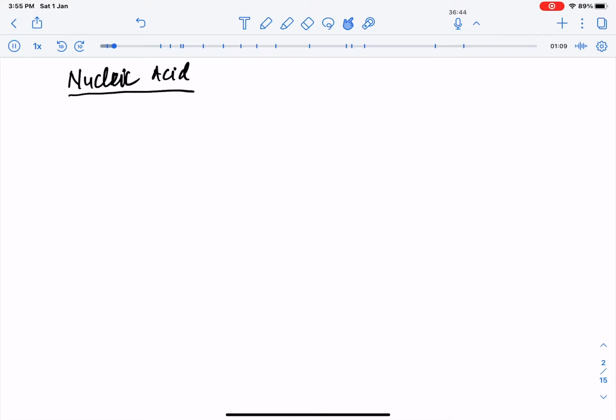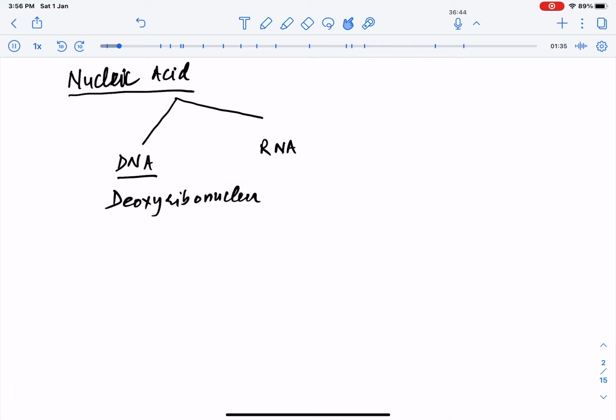There are two types of nucleic acid found in the nuclei of eukaryotic cells. It is DNA and RNA. DNA stands for deoxyribonucleic acid, whereas RNA stands for ribonucleic acid.